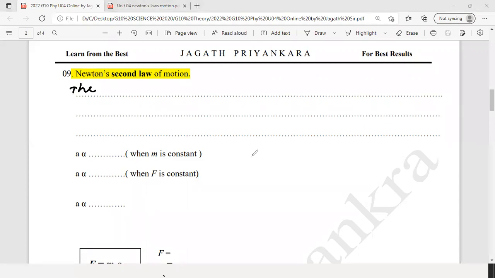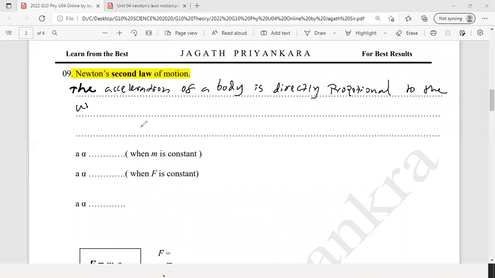The acceleration of a body is directly proportional to the unbalanced external force.